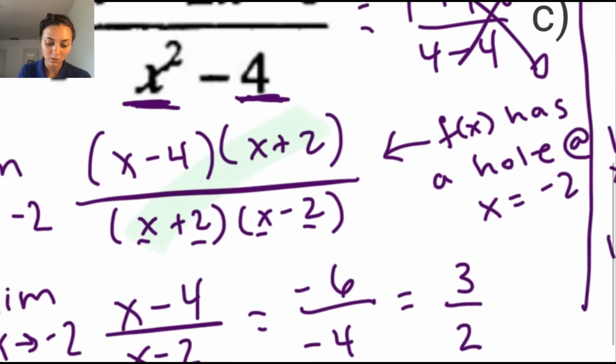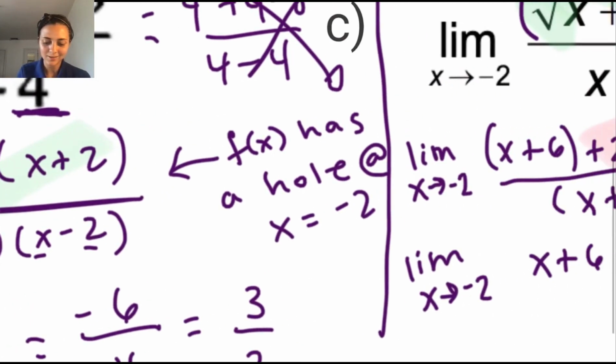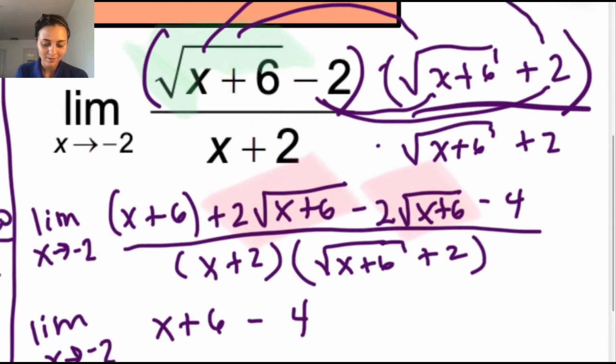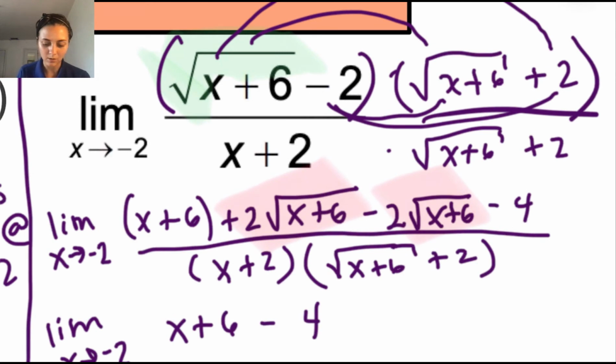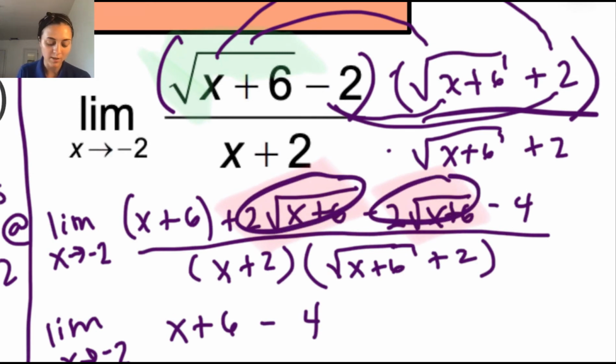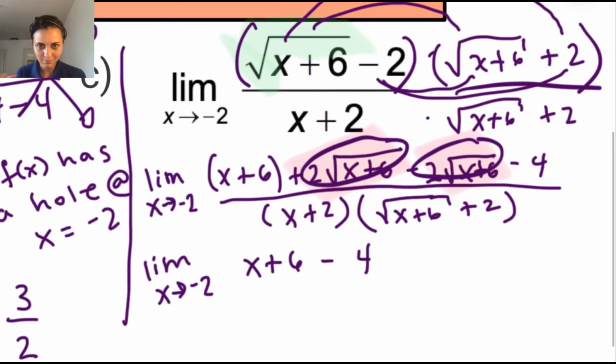So those conjugates kind of show you how that might look. So really, I can skip all the stuff in the middle because these two things just cancel each other out. And I'm just multiplying the square root of x plus 6 times the square root of x plus 6 and negative 2 times positive 2. And I get that. Okay, so it takes practice. But if you practice enough, you'll be able to just figure out the pattern.